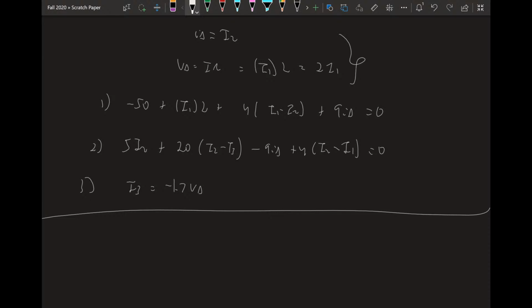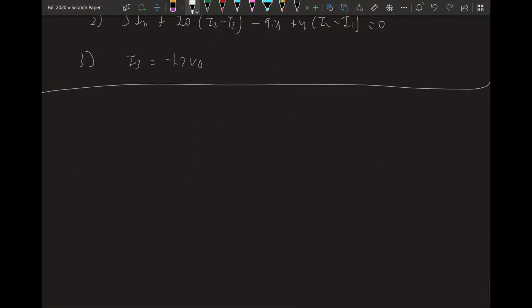Moving on to superposition. What is superposition? Superposition is a property of linear systems, which these circuits are, that states that we can take all the inputs and just separate them and consider each separately, right?